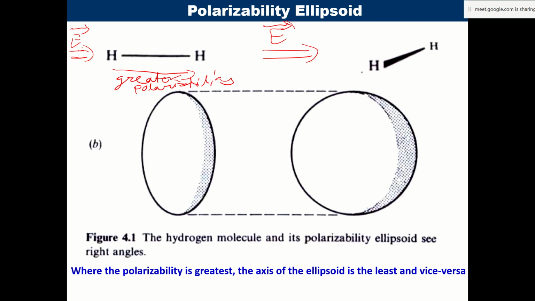And so we say that this is your 1 by under root alpha. So greater polarizability, तो 1 by under root alpha कम हो जाएगा, so it will be represented by a smaller axis. This becomes a minor axis for the ellipsoid along, ऐसे जब हम ड्रॉ करते हैं.